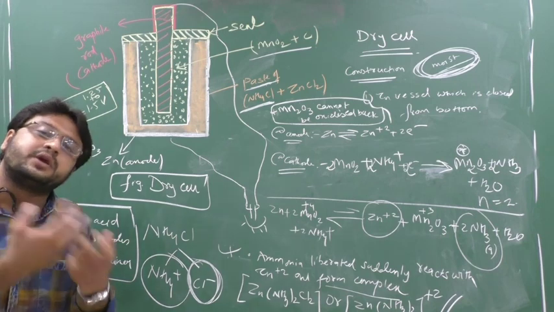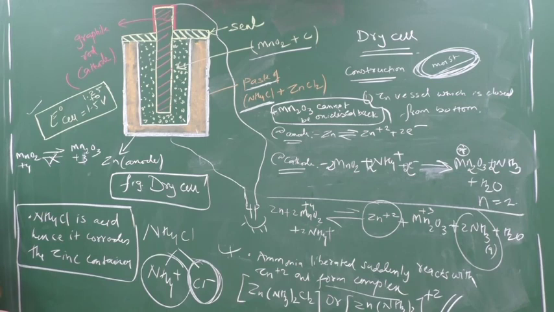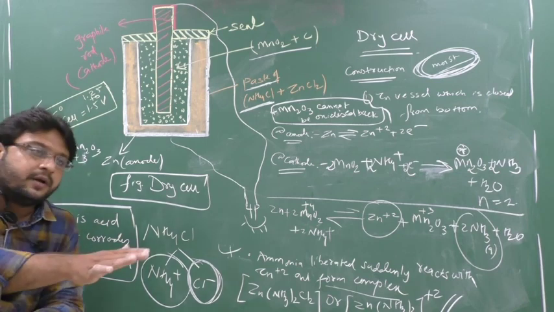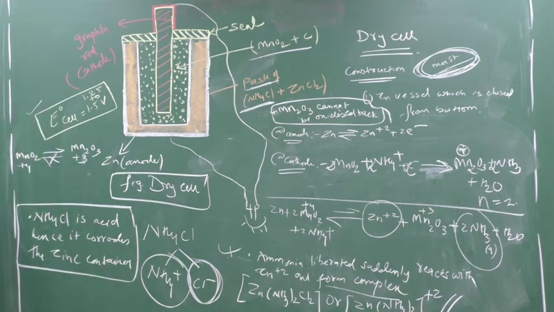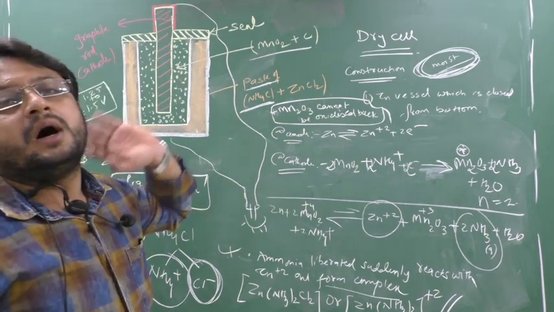Now I am thinking the reverse way. If I have Mn2O3 after the process and I pass the current, will I get MnO2 back? No, I will not get MnO2 back. So MnO2 can be converted into Mn2O3 and give the electric current, but Mn2O3 cannot be converted back into MnO2 on passing the current. Due to this reason, this cell comes under primary cell.